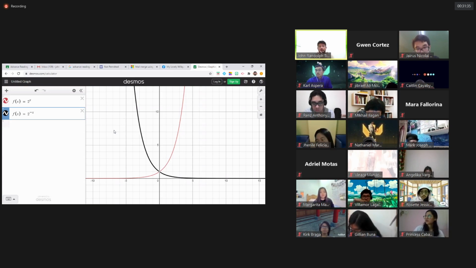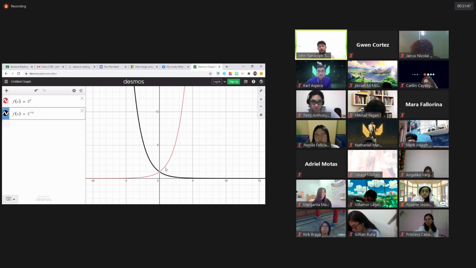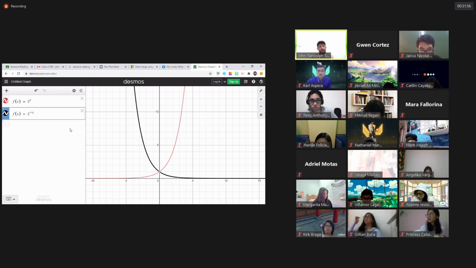Kanina across the x-axis. Ngayon, is it gliding? Gliding ba yan? It is still reflection, but across the y-axis.